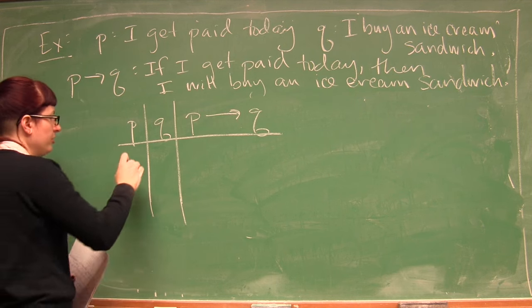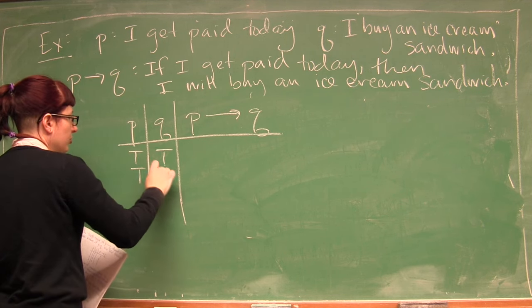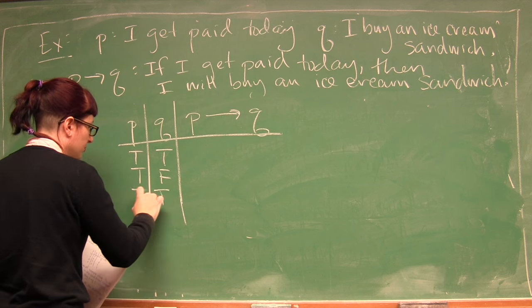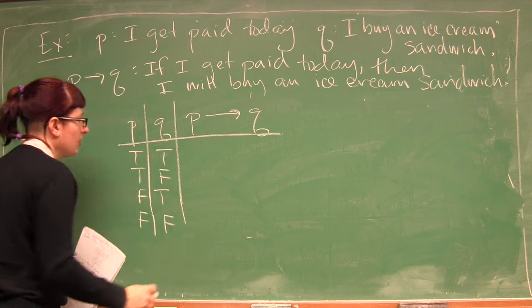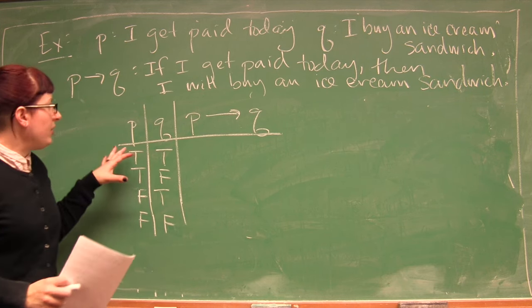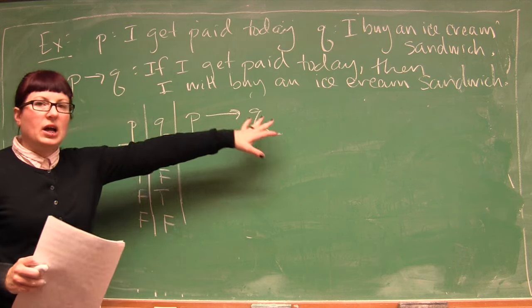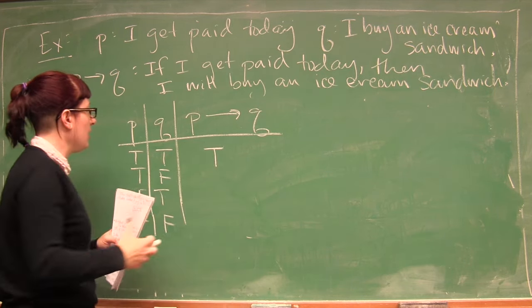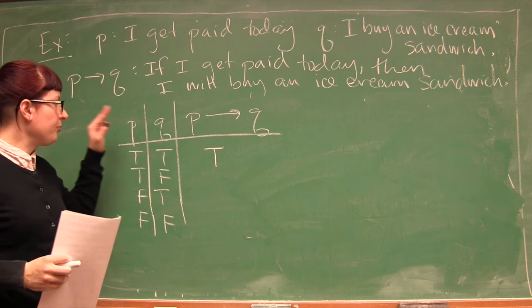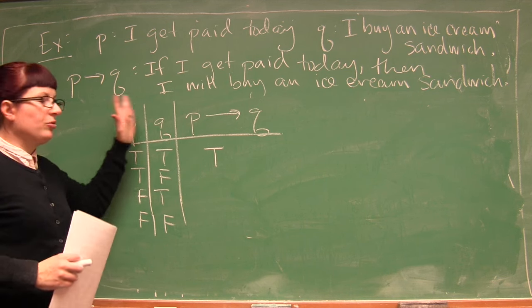So we have 4 pairs of values, true, true, true, false, false, true, and false, false for P and Q. We define the truth value of P implies Q to be true if P and Q are both true, to be false if P is true and Q is false.